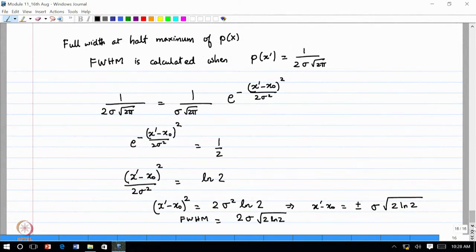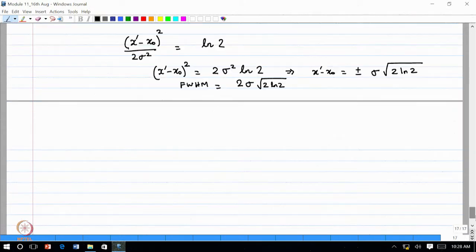Now, the natural log of 2 is about 0.69. So 0.69 times 2 is about 1.38. So the square root of 1.38 will be about 1.19, and so what you get is that FWHM is approximately equal to sigma times 2.37.